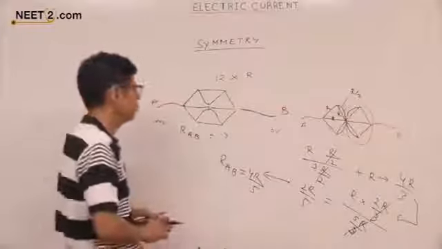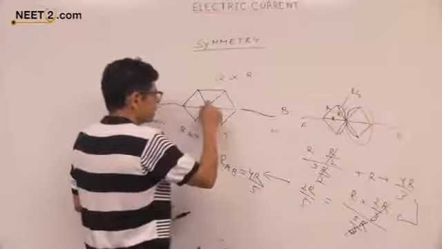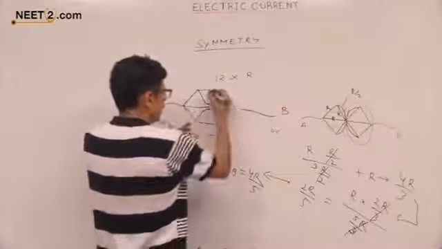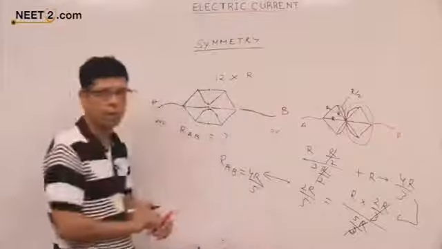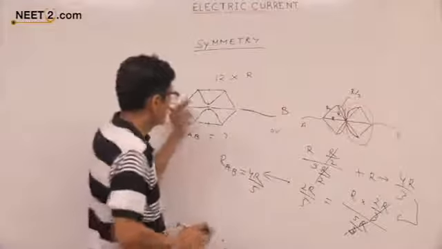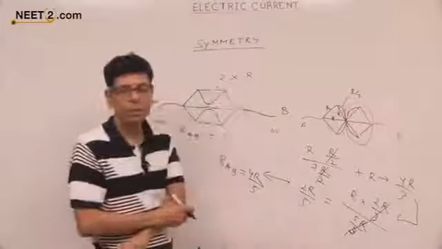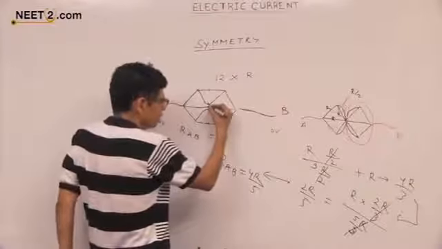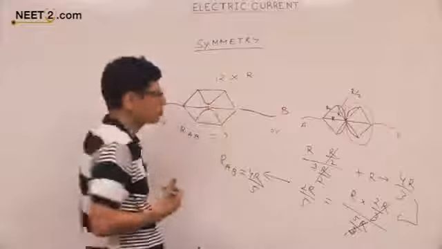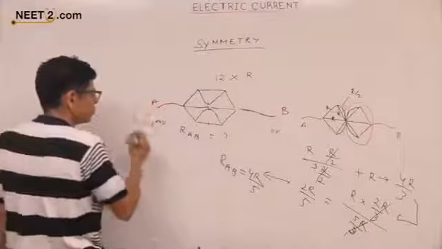You see, one thing I could do is, since by symmetry they are all equipotential, if I want, I can squeeze them all together. If I want, I can squeeze just these three together. So suppose I squeeze these three together. What do I get?